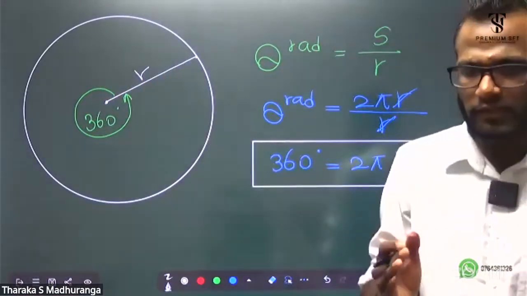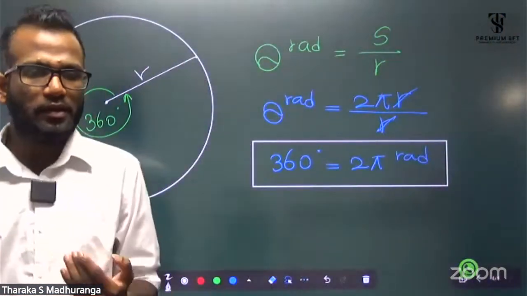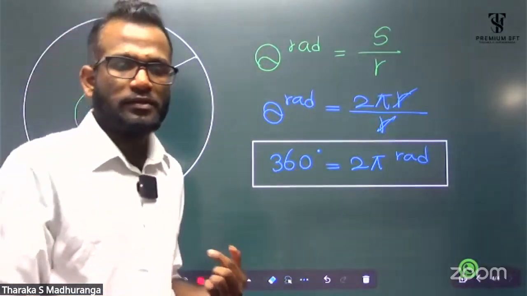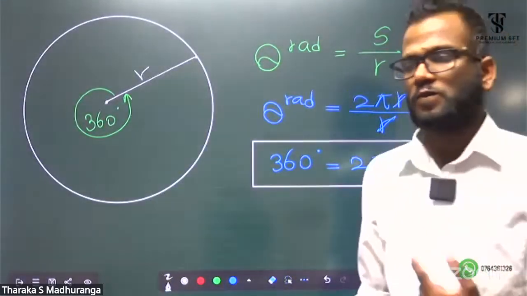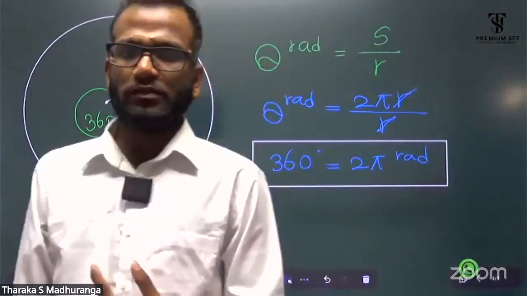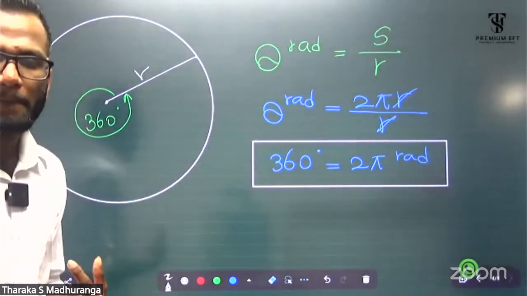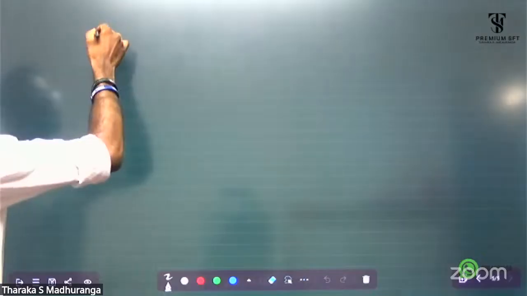I want to convert degrees into radians. What do I need to do? Yes, good. Degrees convert into radians. Now, what is the relationship?